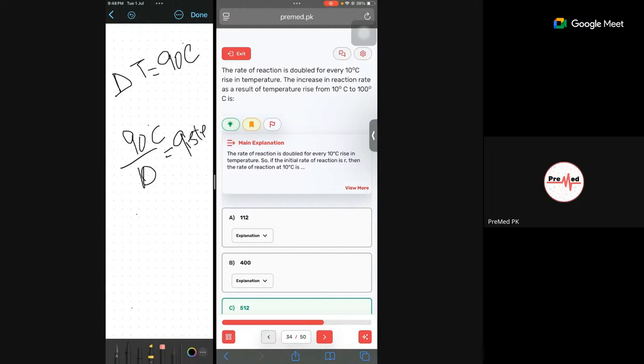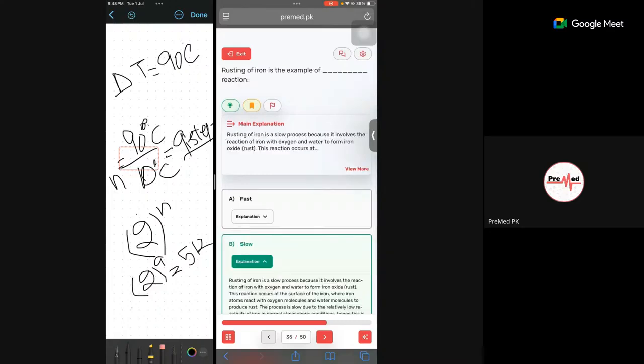So we have the value of n, which is 9. Now putting it into the formula, 2 to the power n, 2 to the power 9 equals 512. And 512 is going to be the correct option.